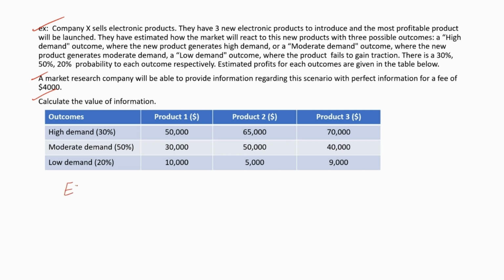So expected value without information is equal to $45,500, which is for product 2. Now let's calculate the expected value with information. We are going to add a new column, which is for with information.